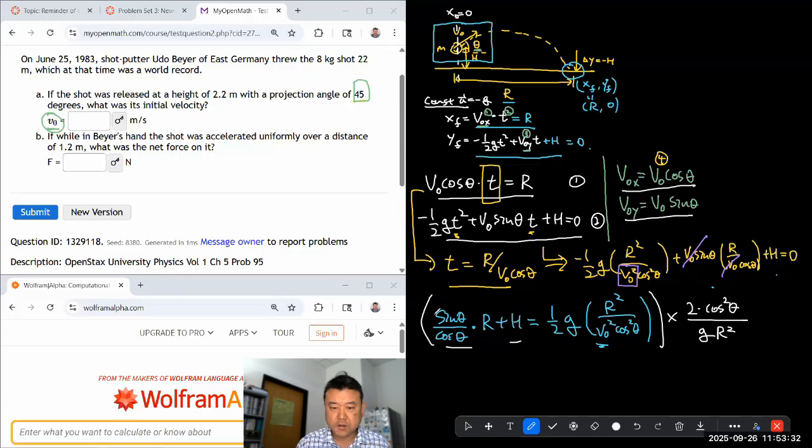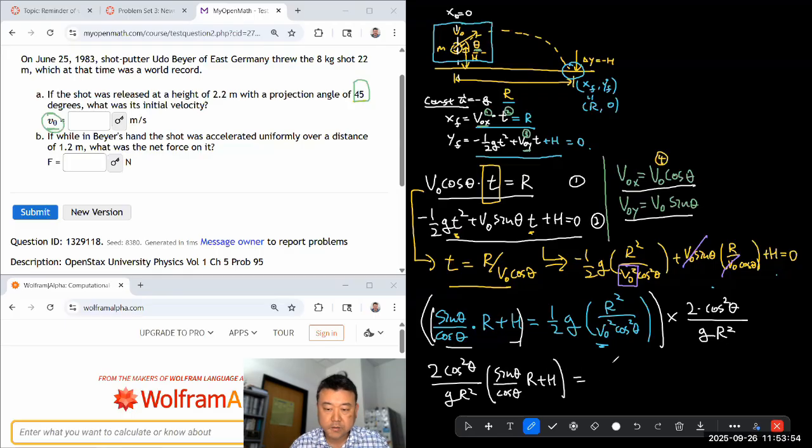I'm just going to group these within the parentheses and multiply. Then I'll end up with 2 cosine squared theta over g r squared multiplying sine theta over cosine theta times r plus h is equal to 1 over v naught squared.